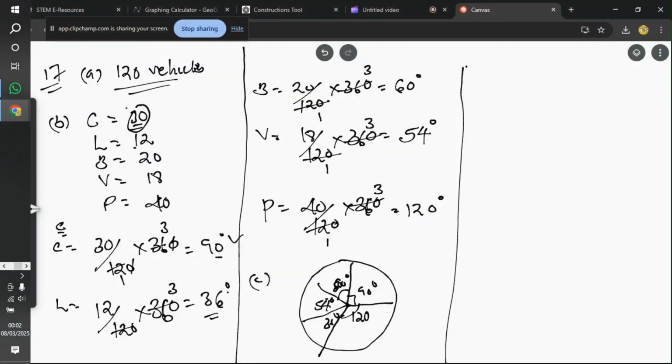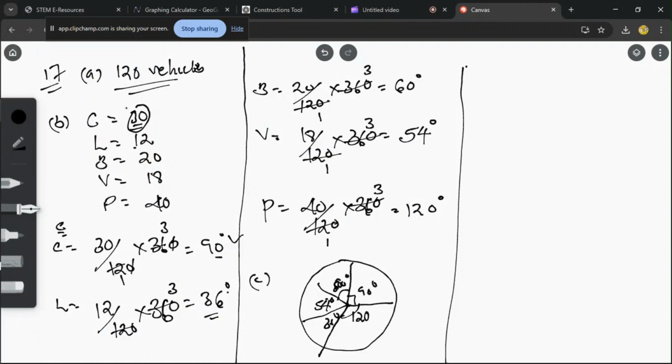Number 18, the question is work out 0.096 divided by 0.48 plus 17.15. Then you multiply by 0.5.